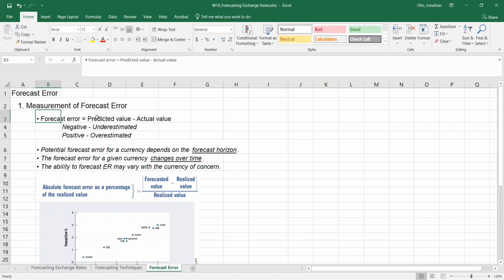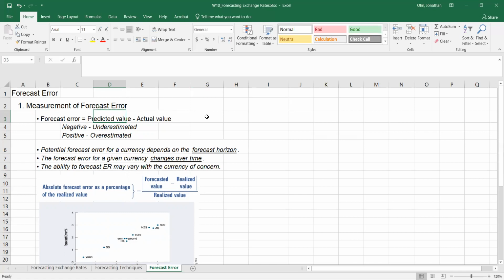Forecast error is the predicted value minus the actual value. So if it is over-predicted, it gives you a positive forecast error. If the predicted value is underestimated, under-predicted, then it should be negative, right?